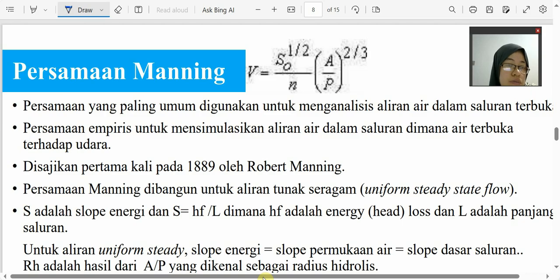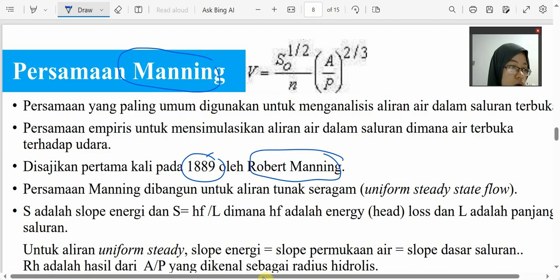But there is also another person called Robert Manning, who also introduced a roughness factor or roughness coefficient, which we call the Manning coefficient. So Chezy is the Chezy coefficient, Manning is the Manning coefficient, right?